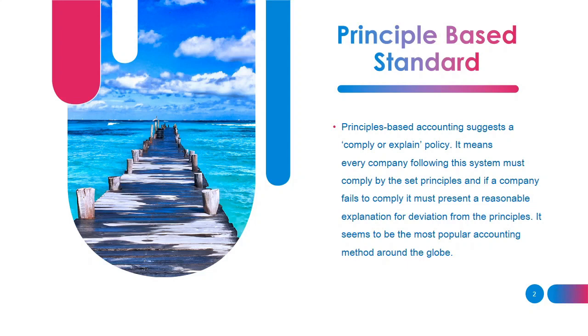And if those companies fail to comply with the principles, they must present a reasonable explanation why they failed to comply with those principles. And this accounting approach seems to be the most popular accounting method around the globe.